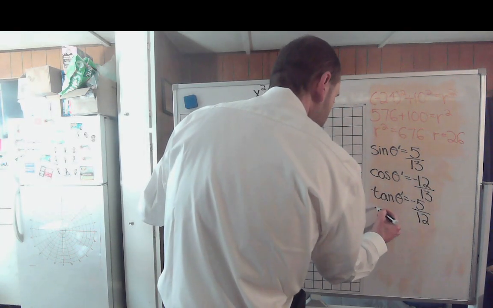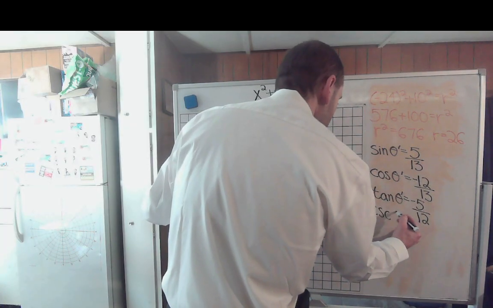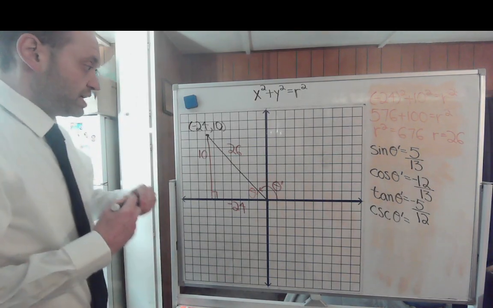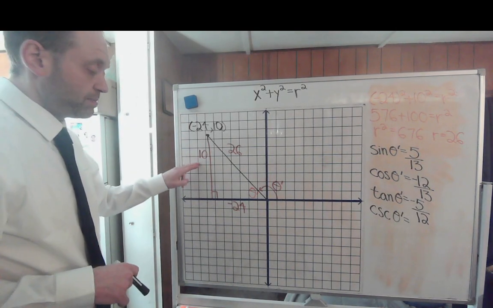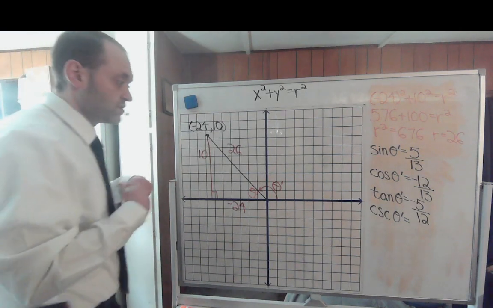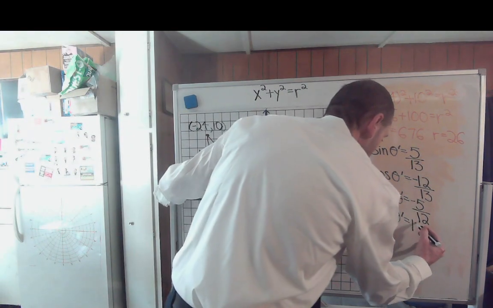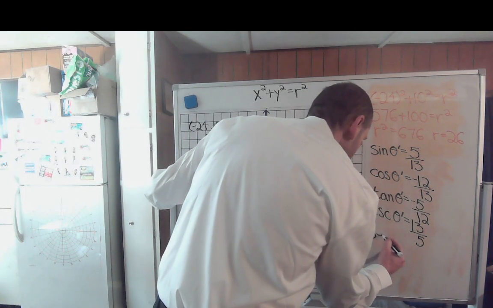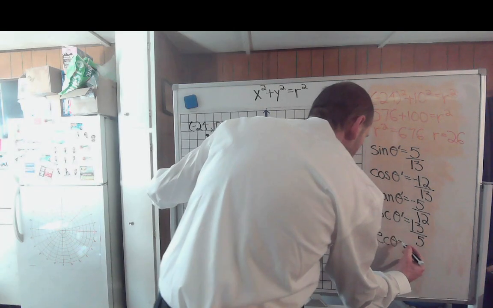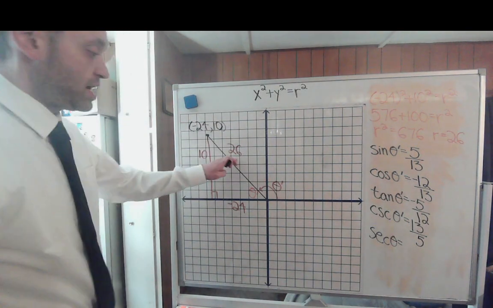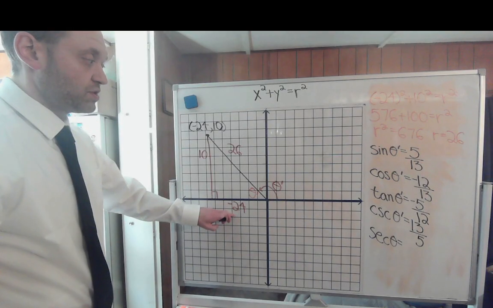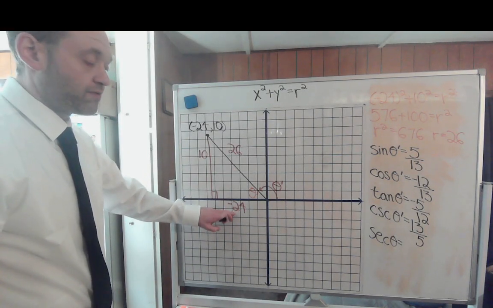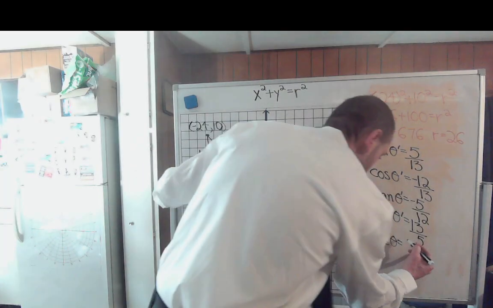Alright, let's go ahead and find the cosecant of theta prime. So that's going to be the hypotenuse over the opposite. 26 over 10 turns into 13 over 5. Let's find the secant of theta. That's going to be the hypotenuse over the adjacent. So negative 26 over 24 becomes negative 13 over 12.